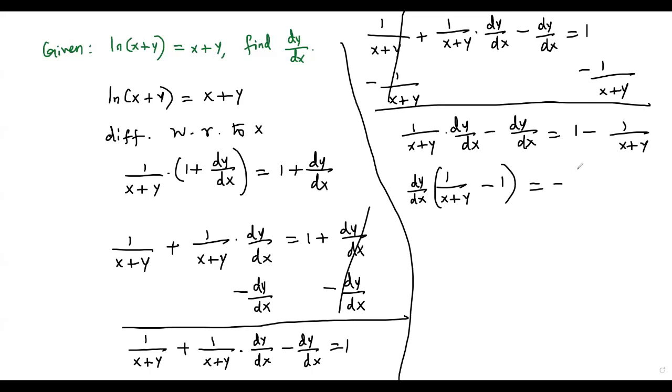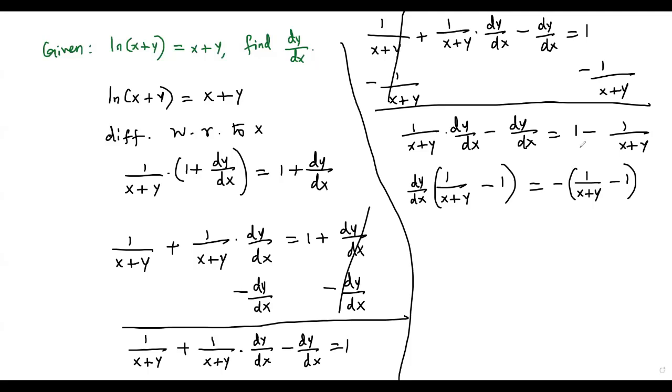This term has a negative sign, so it will become positive, that is plus 1 over x plus y. And this term is positive, so since I factor the negative sign out, it will become negative 1. If I distribute this negative sign back, I get the original expression: negative 1 over x plus y, and negative times negative 1 becomes just 1.